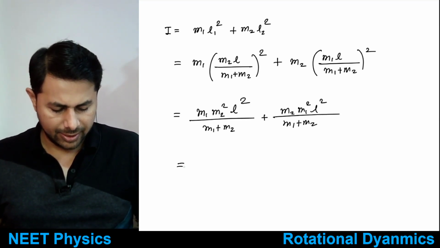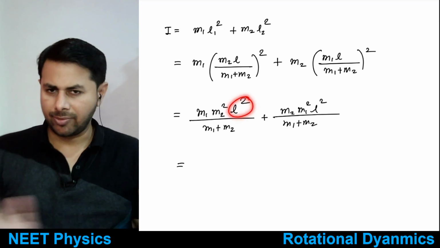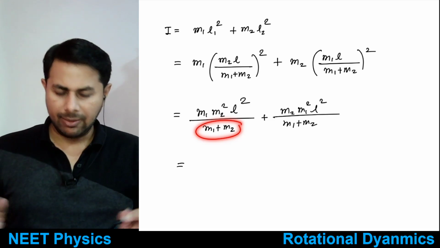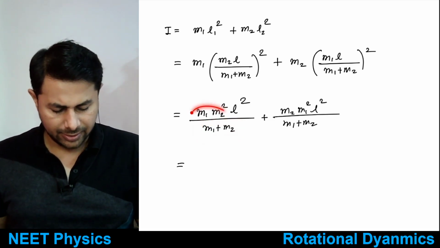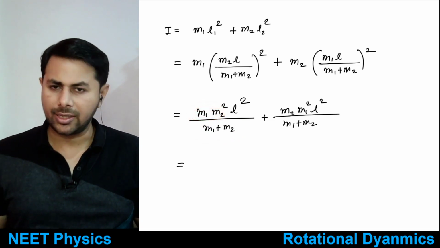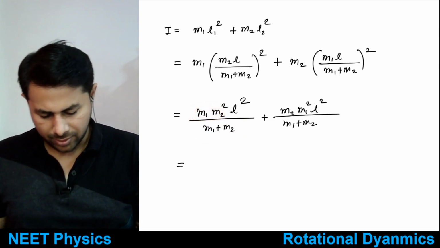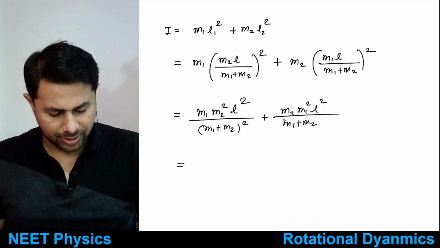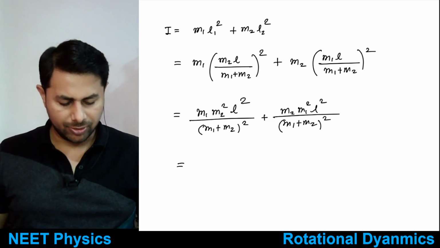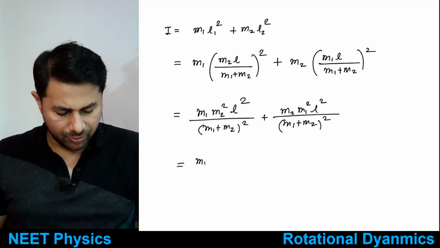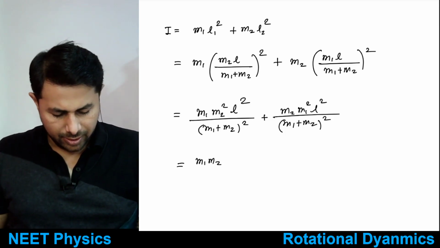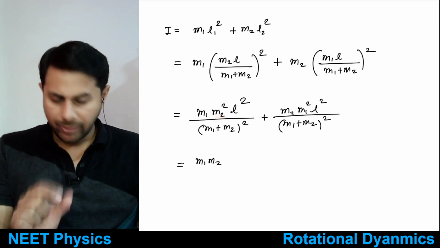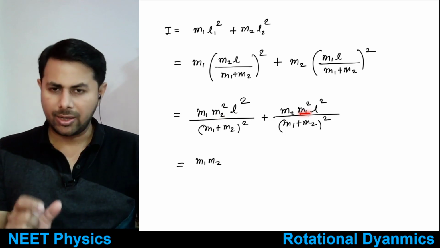And then you can take L square common from these two, and (m1 plus m2) square in the denominator is common. Again m1 m2 also you can take common. If I take m1 m2 common, then from the first term I will have m2, and from the second term I will have m1.